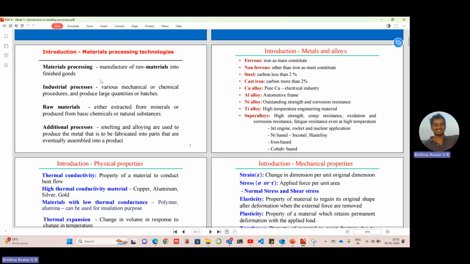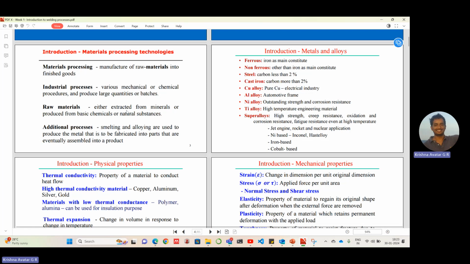We are well aware that in order to produce a finished good, we require raw materials which are processed through various intermediate stages, which ultimately result in the finished product. In industrial processes, various mechanical or chemical procedures are adopted to produce something on a large scale.